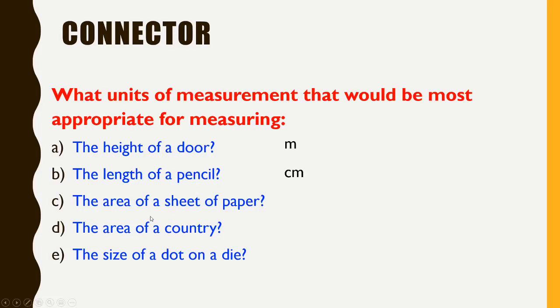Area of a sheet of paper, we use a unit called centimeters squared. Area of a country, we'd probably go kilometers squared. There are a couple of other units we could use, but kilometers squared is usually used. And a dot on a die, we'd use millimeters squared because it's just so small.